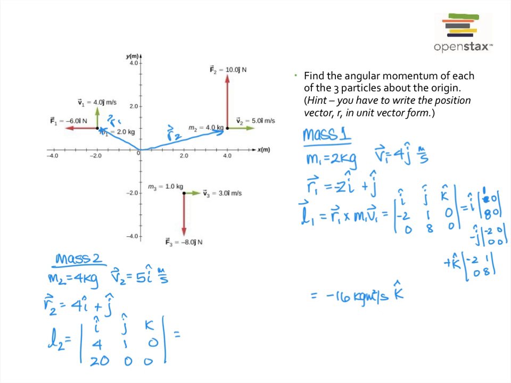If I use the lesson I learned from the first one, I know that there's not going to be an x and y component for this angular momentum, so I'm just going to do the k matrix. So I get minus 20 kilograms meters squared per second in the k direction, or the z direction. It's minus. All right, and we can do the third one on the next page.